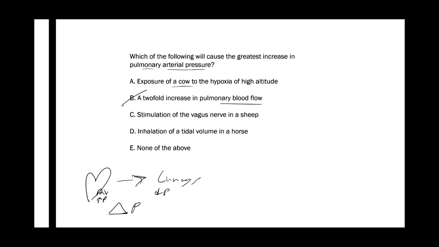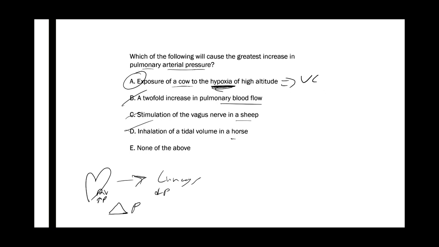Stimulation of the vagus nerve. Oh, these animals crack me up. Stimulation of the vagus nerve. Nope. Inhalation of tidal volume. Nope. Just normal tidal volume. But if you expose a cow to hypoxia, you get vasoconstriction.